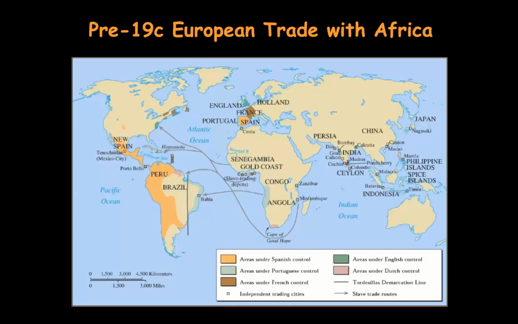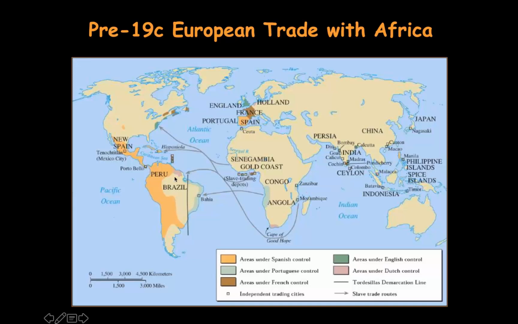And so when we look at the European trade with Africa, we look at this, right? The major regions of major trade and colonies even. So we've got France, we've got Spain when we get to the pre-19th century, so the 1700s, Britain, and we've got Spain taking all of this, as you already know, for a while.